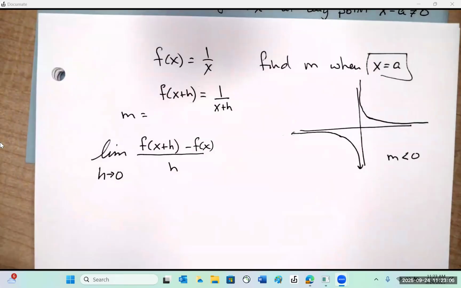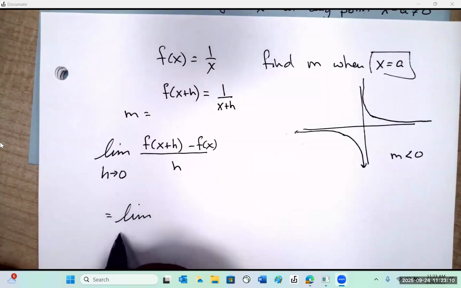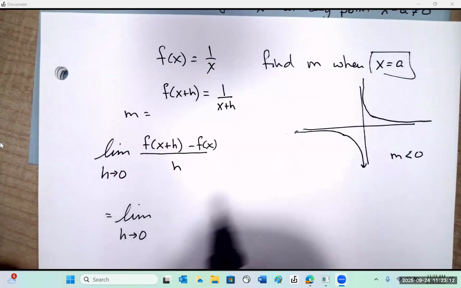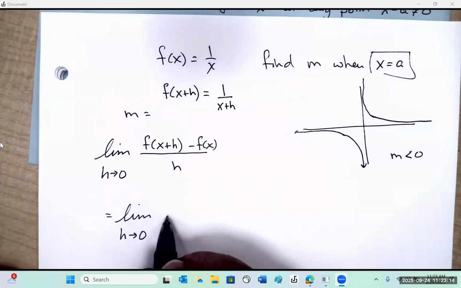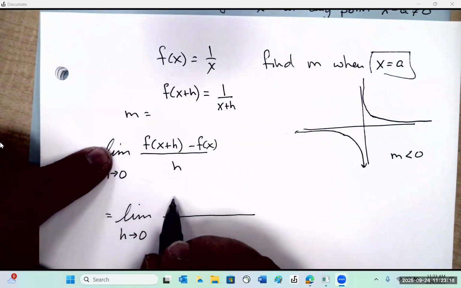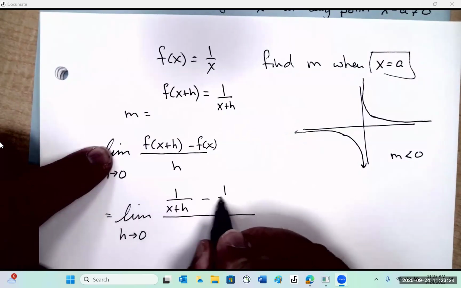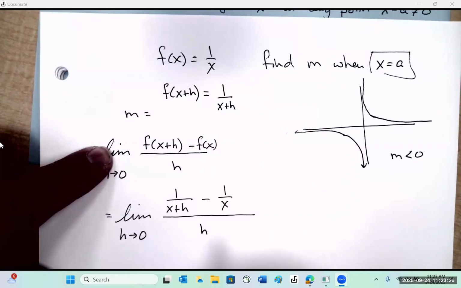So once we define those, we can go ahead and plug in both of these unknowns. F of x plus h is 1 over x plus h, minus 1 over x, all over h.